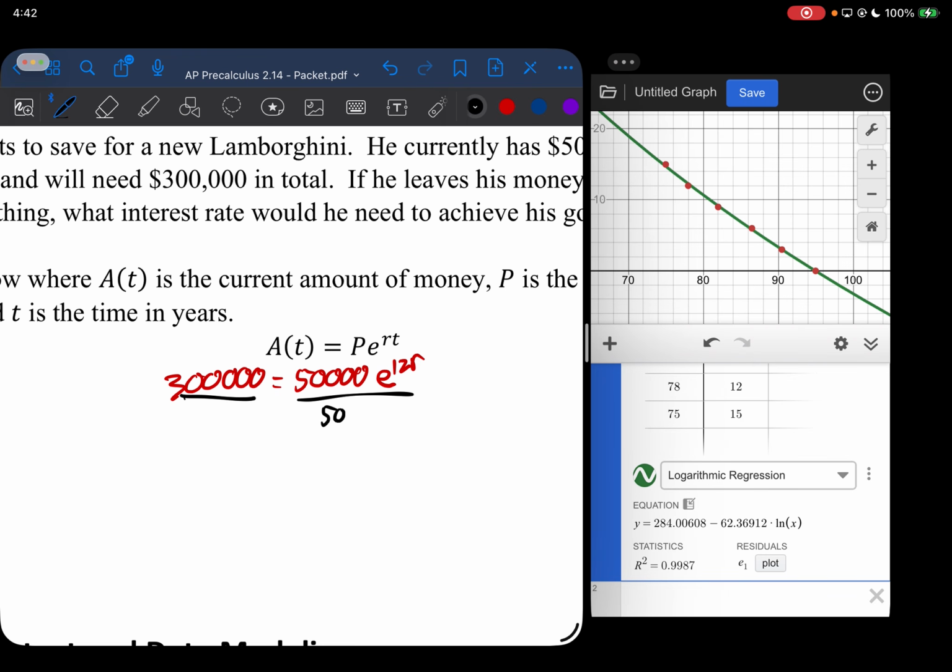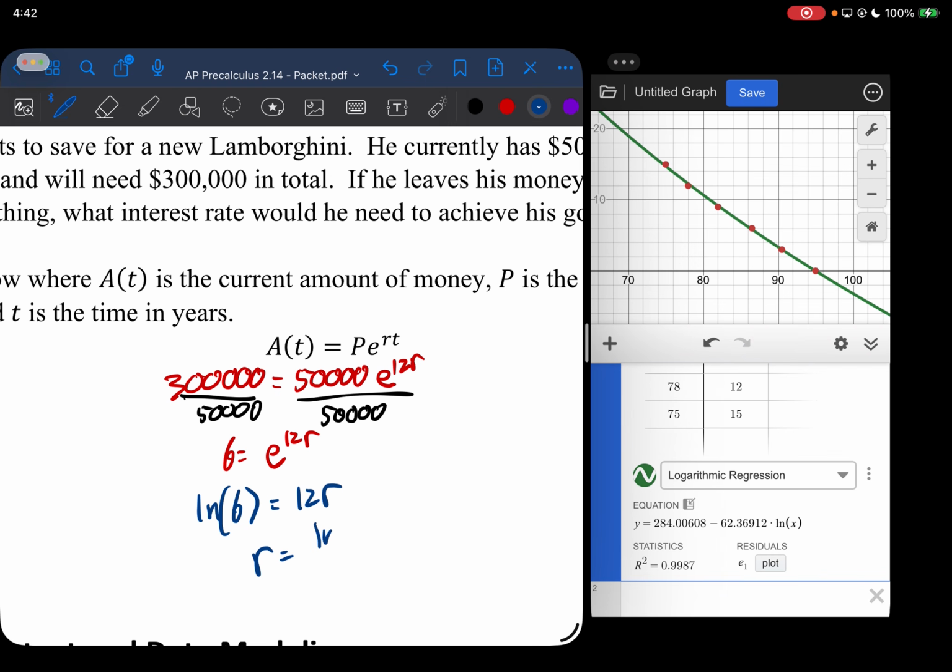So if we divide by 50,000, we have 6 equals e to the 12r. Rewritten with a logarithm, that's going to be ln of 6. Now don't forget your parentheses. Equals 12r.